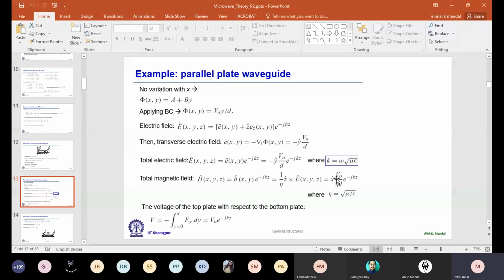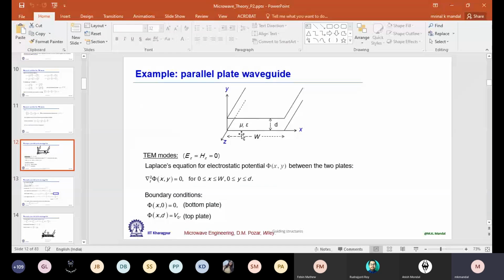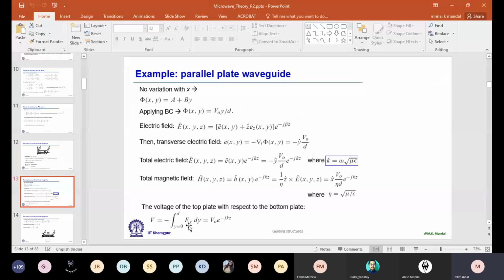We can then calculate the voltage difference between the two plates. How do we do that? The basic definition is minus the integration of E dot dl. So it is V equal to minus the integral from y equal to 0 to y equal to t between these two plates of E u_y dy. Putting in the expression for the electric field, it becomes V naught e to the power minus j k z.